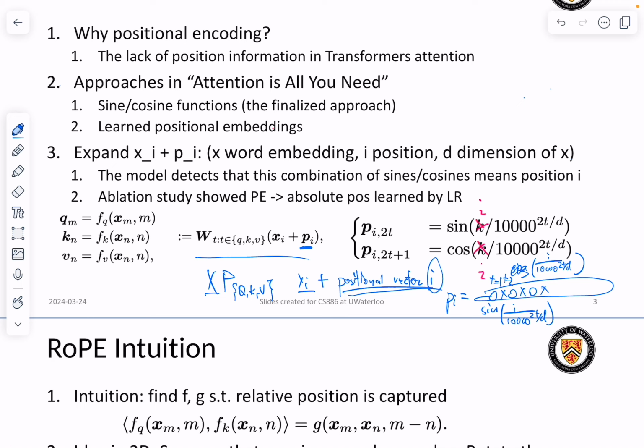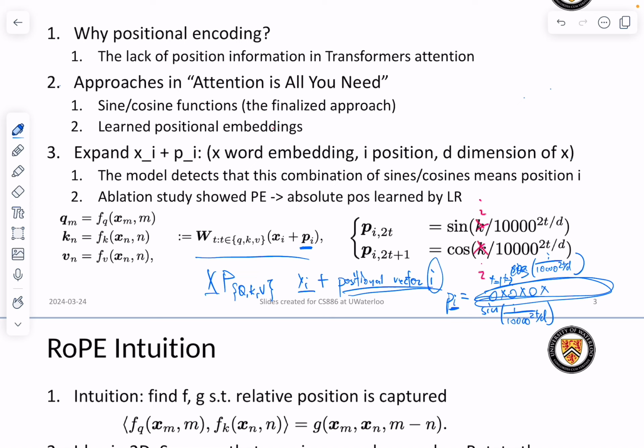So pi is going to be a unique combination of these sine and cosine values, and altogether this vector is supposed to transmit a unique signal depending on what this i is. By adding this positional vector to xi, our goal is to retain some information.